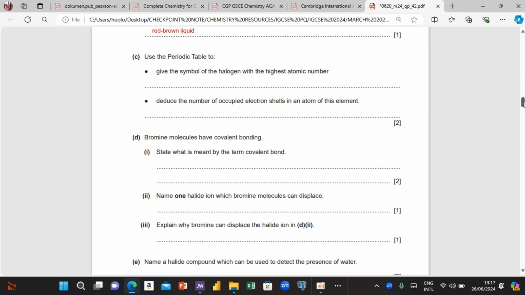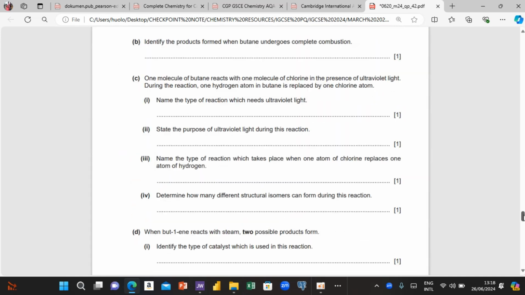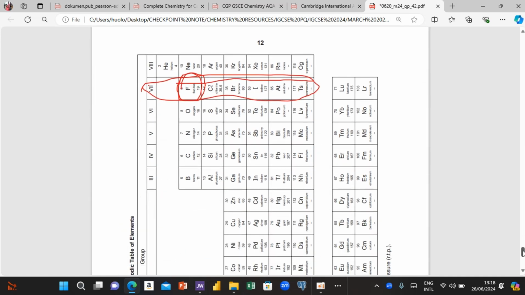Now use the periodic table to give the symbol of the halogen with the highest atomic number. Okay, so you have to pay attention to instructions. You are asked to use the periodic table, so we go back to the periodic table again.